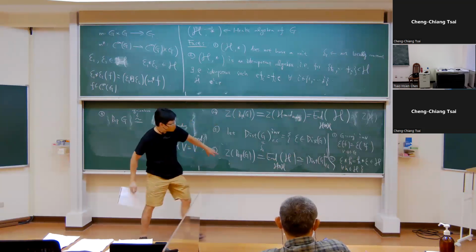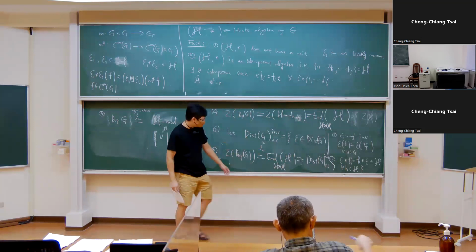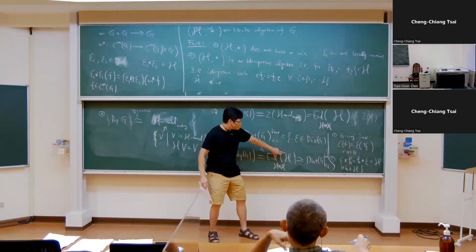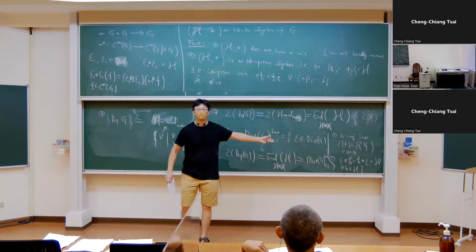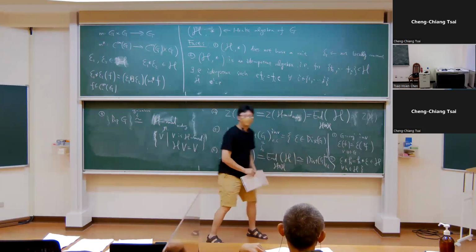So this is like the finite group analog of the statement I stated in the beginning. The center is like the center of the Hecke algebra, and you can really identify this with certain invariant class functions, invariant distributions. But the precise definition is like this, and you have this essential compact condition.